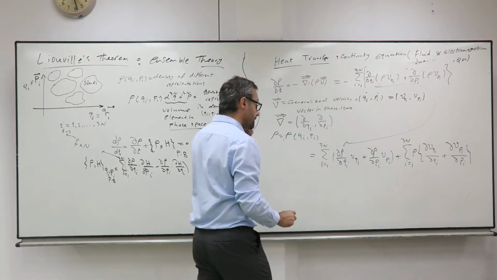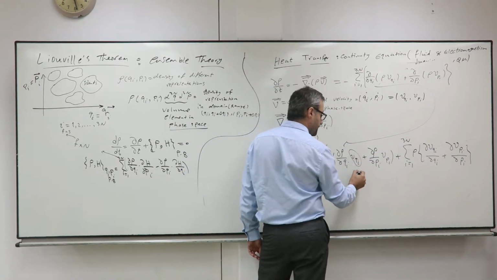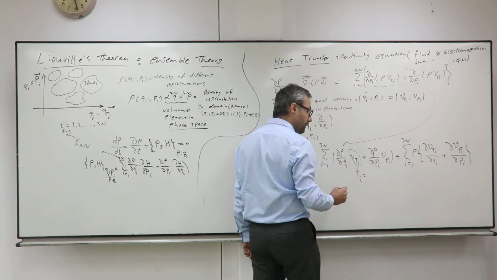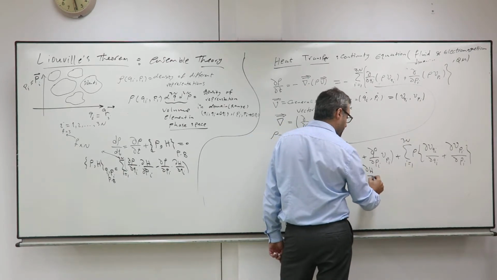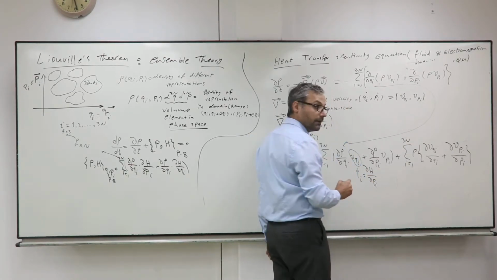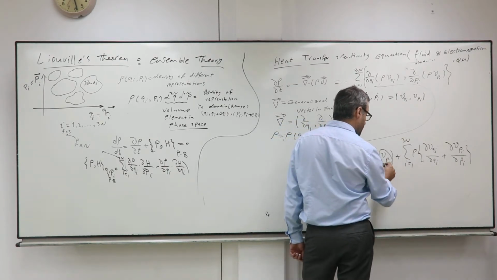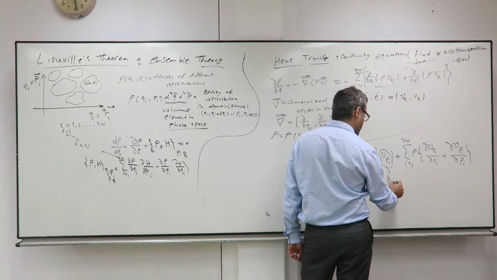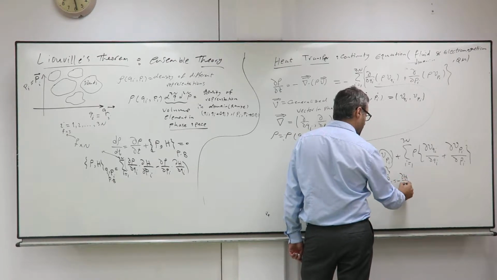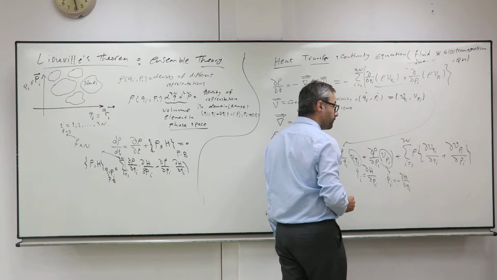Okay, look at that. What's the dQ_i? This is Q dot_i. According to the Hamilton equation, that's given as the partial derivative of the Hamiltonian with respect to the momentum, and this is just P dot_i, and this is minus the partial derivative of the Hamiltonian with respect to Q_i.